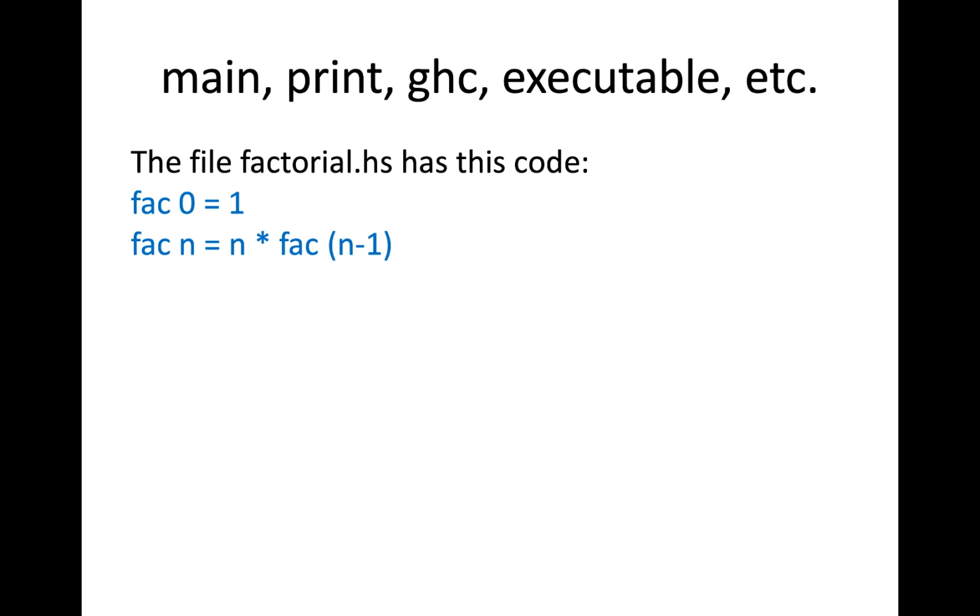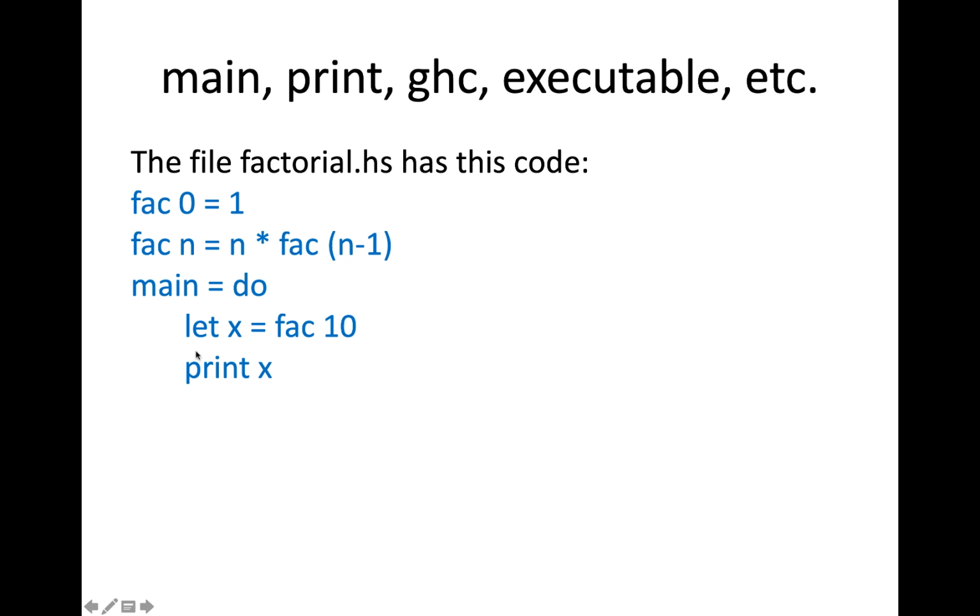And say not only do you want to work with the interpreter, you also want to compile your code to generate an executable, and then this is the way to go. So write your code in a file. Say this one is a factorial implementation, write it in a file called factorial.hs, and then in main you can have a do block, and there you can call this factorial with argument 10, and that result will be in x, and then you can print x.